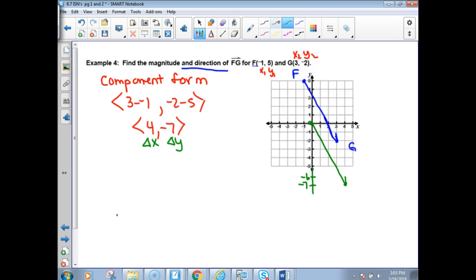Another way to have looked at this to get those values of 4 and negative 7 would have been to count over 4 and down 7. This still has the same numbers. So if I say, what's this? It's 4, and this is negative 7.